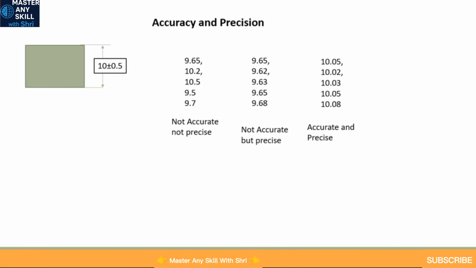This same concept can be applied to a manufacturing process, and let's take the same example we have already seen, a block which has a width specification of 10 plus or minus 0.5.